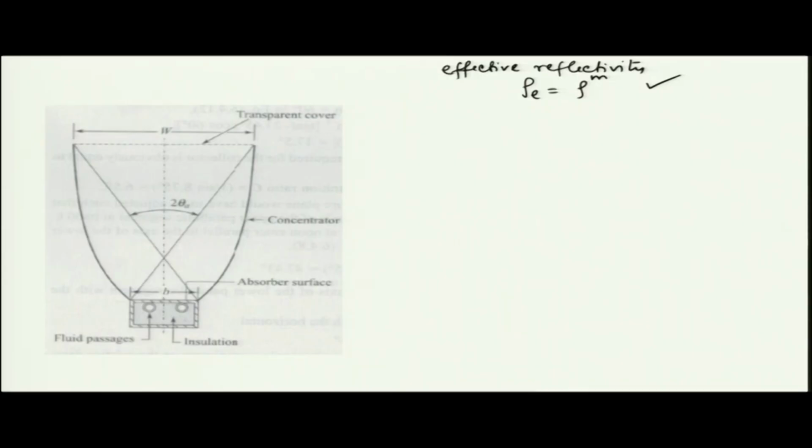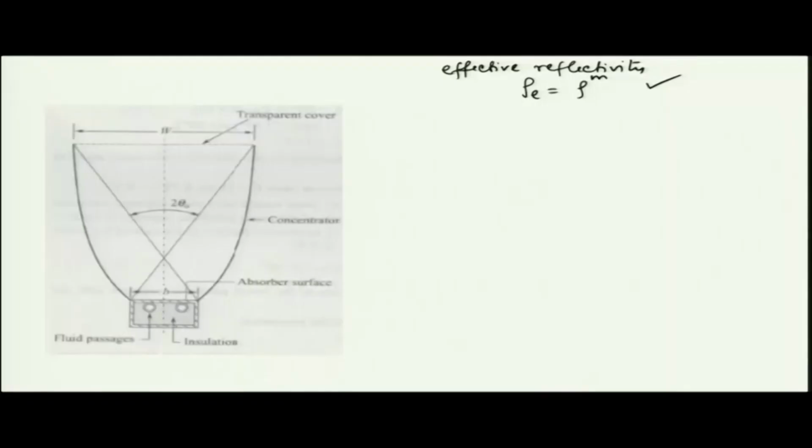Now, we have looked at the optical part of it, what would be the area, what would be the geometry, how it can accommodate larger or inclined incidence on the aperture plane. So, now what we are going to do is we will look at the performance analysis of a CPC.